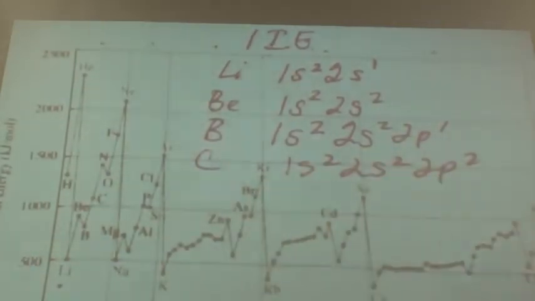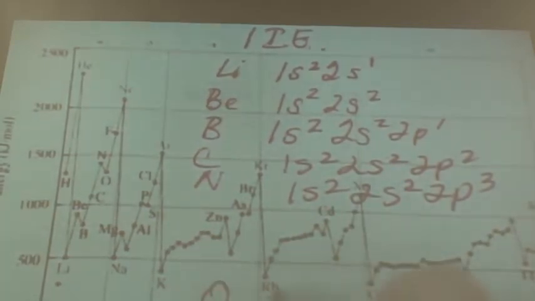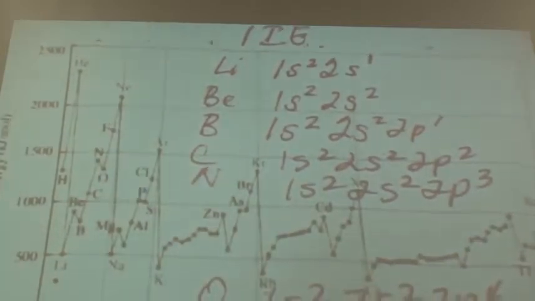So now we're at carbon, 1s2, 2s2, 2p2, a little rise. Nitrogen is 1s2, 2s2, 2p3, rises again. Then we have another weirdo, oxygen, 1s2, 2s2, 2p4. Why does it go down again?